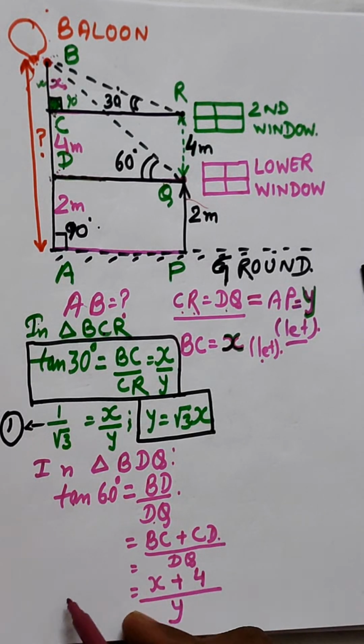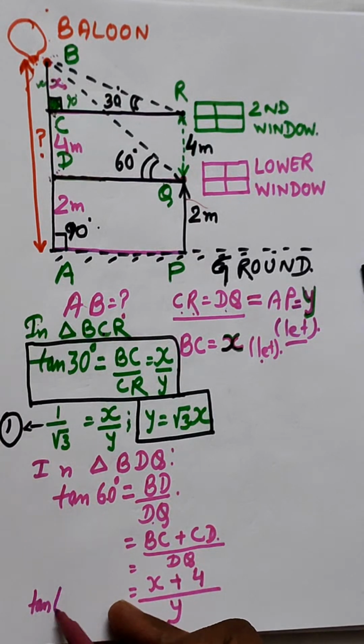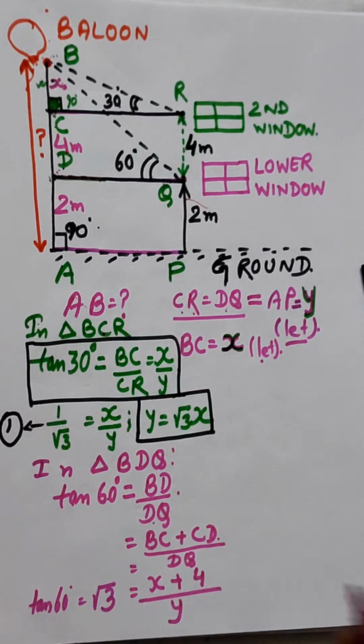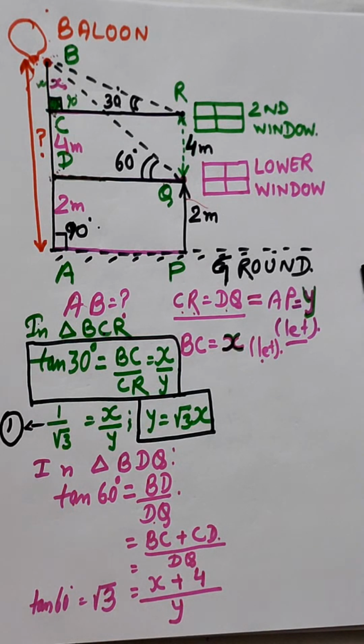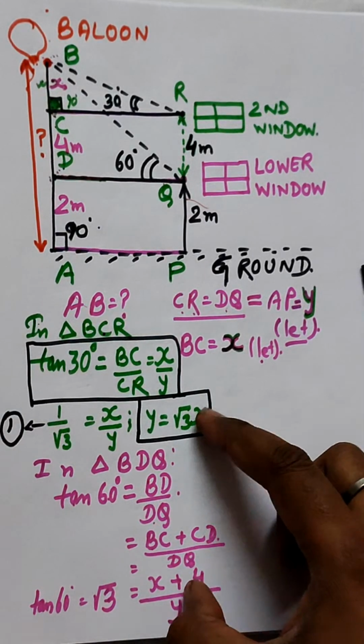And what is the value of tan 60? Isn't it root 3? Right? A few of these values you need to remember, okay? Otherwise it can also be given in the question. Anyway, just solve this to get another equation. After that we will solve both the equations.